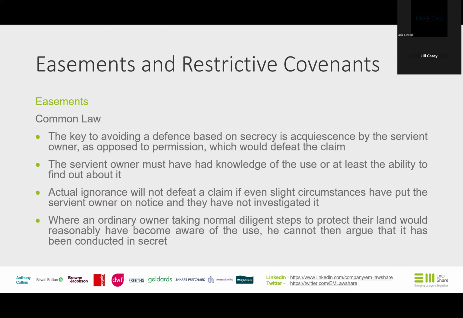It's no defence to say I didn't know it was happening if you've had even the slight hint that it's happening and you've done nothing about it. The test is whether, as an ordinary landowner taking ordinary, sensible, diligent steps to protect your own property, you would have become aware of the use. You can't then say they concealed it. So it all comes back to being diligent about monitoring land and what's happening on it.